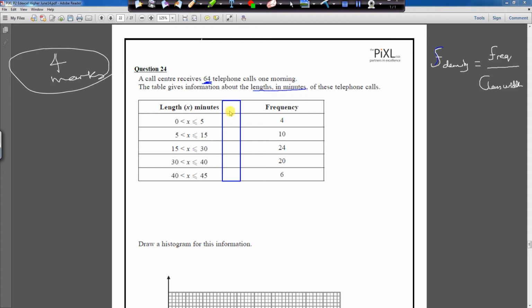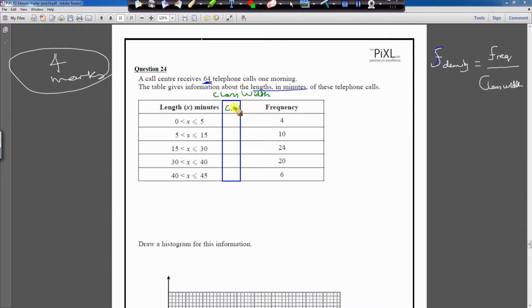Here we're going to put in our class width, which I'm going to abbreviate to CW.